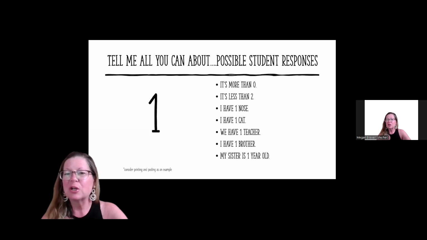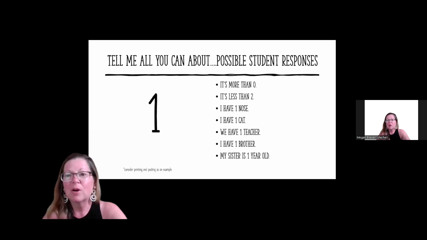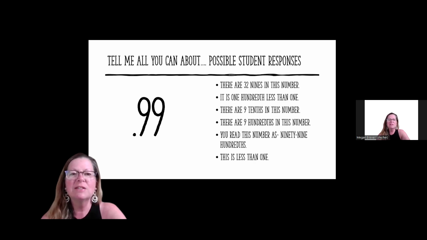So we know young students are going to make it very personal, and that's great, especially with number, because we want them making sense of number. So that's, again, just an example of all the possible responses students could give. Oops, went a little too fast.